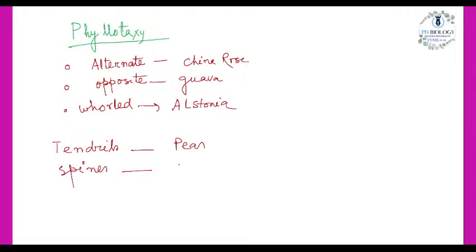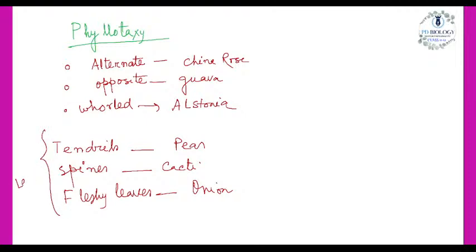Spines, the cactus, and the fleshy leaves. Fleshy leaf to store food, that is onion and garlic. So these are the modifications of leaves.